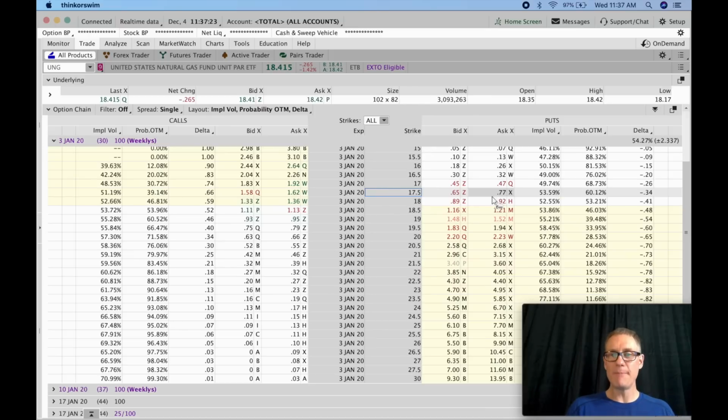So let's just say it's 70 cents, somewhere in between the bid and the ask. 70 cents on 100 shares. So I would get paid $70 to take this contract.